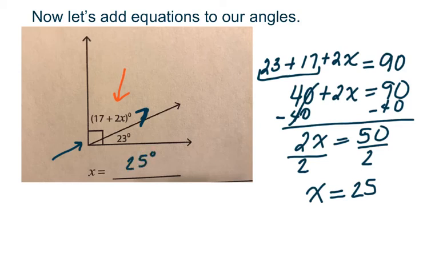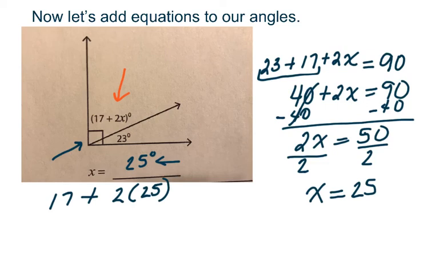Now if I wanted to figure out what the angle actually is, and let me clear some of this stuff here, if I want to find out what it actually is, I can plug this 25 into the equation. So I can say 17 plus 2 times 25.